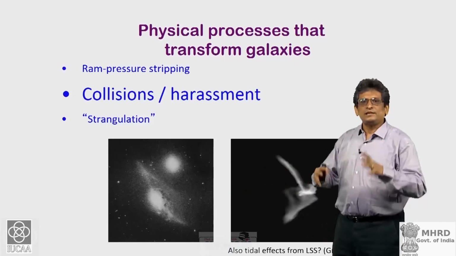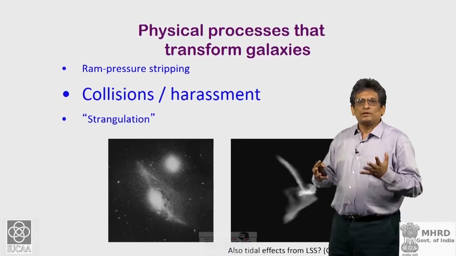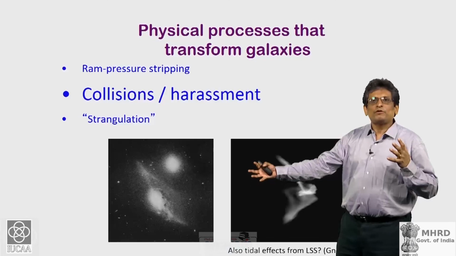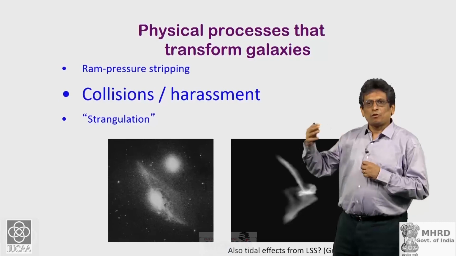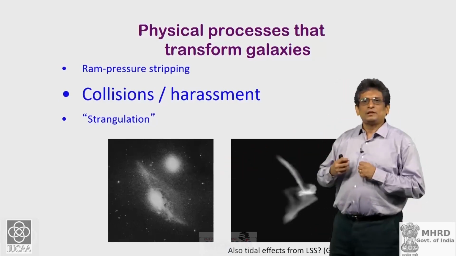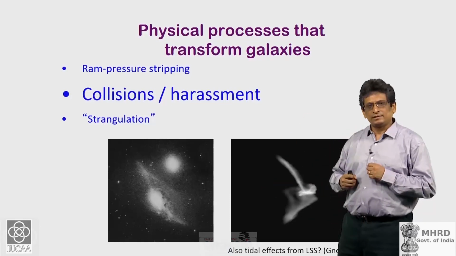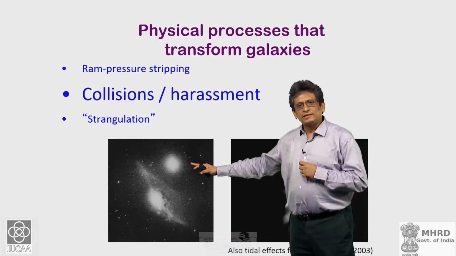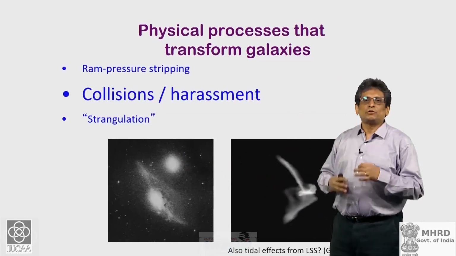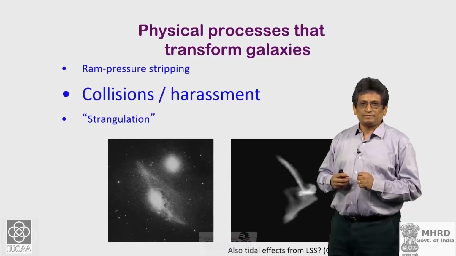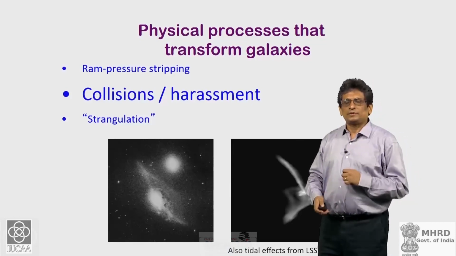Nearby interacting galaxies, we actually see this happening in many galaxies. We call this harassment because it can often happen for a giant galaxy to cause the gas to be stripped off dwarf galaxies, smaller galaxies that orbit these giant galaxies. What happens in this case is that as the galaxy loses the cold gas, it also loses the fuel for star formation, and as a result the star formation of this galaxy can stop.